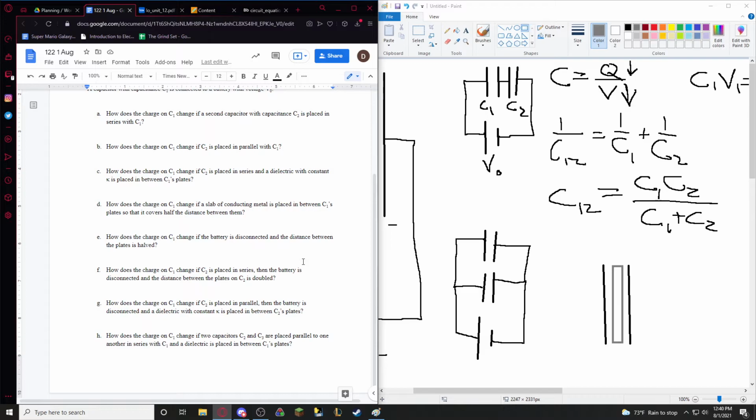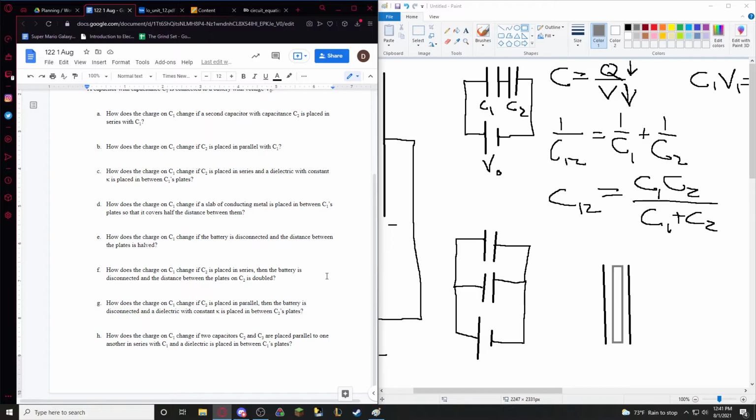Again, since it's not connected to the battery, when the distance changes, the voltage definitely changes. So if we just focus on C1, the capacitance still stays the same.